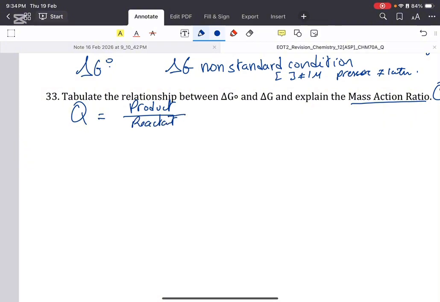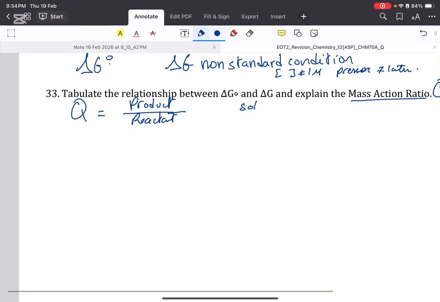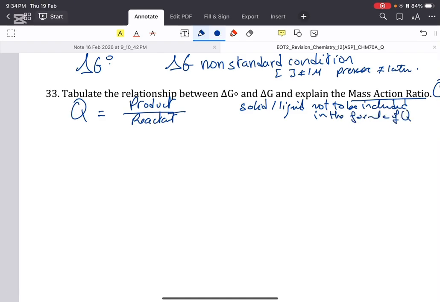So if you have the pressure of products, you raise the pressure to the stoichiometric coefficient, and you divide it over the pressure of reactants. If you have concentrations, you do the same. You always do not include in the formula of Q anything solid or liquid.